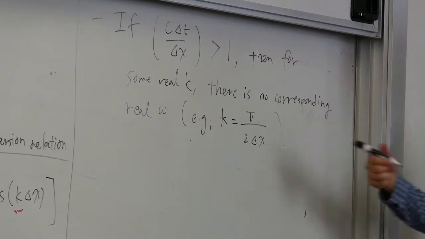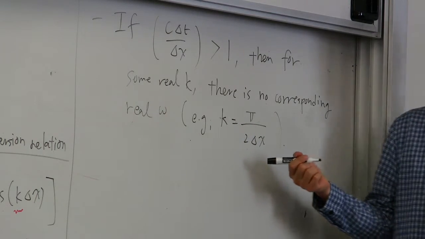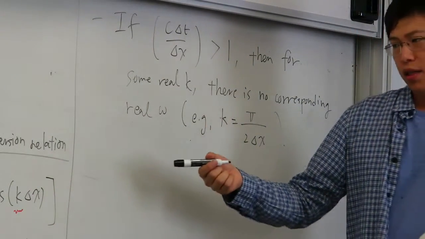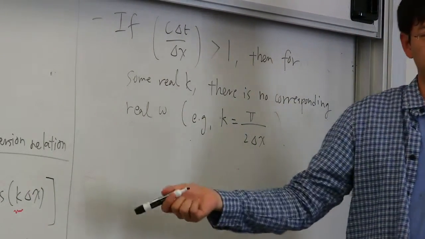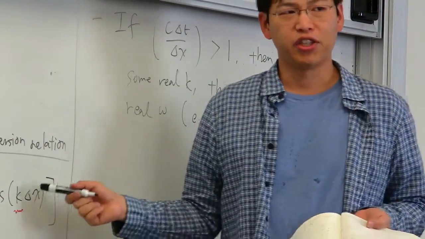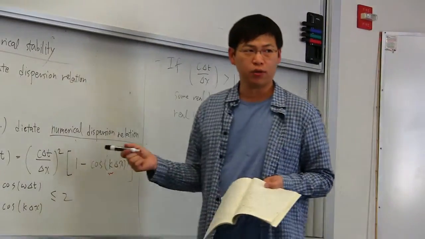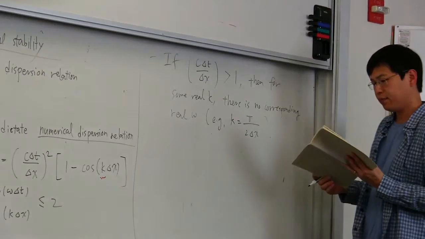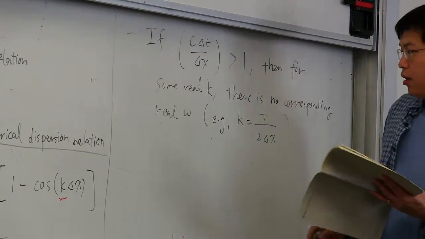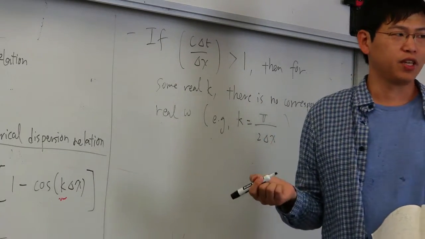So again, as I said, if k is, for example, pi over 2 delta x, then the quantity within the bracket becomes 2, right? So then the right-hand side becomes greater than 2, and there's no omega that makes the equality hold. If this happens, the update equations become unstable.